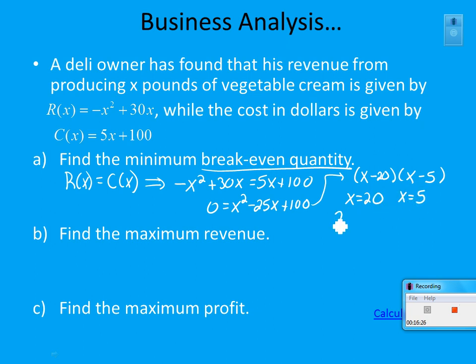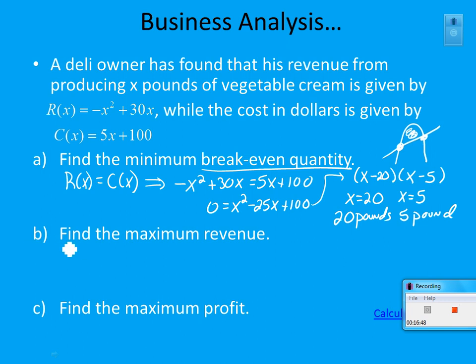So when I sell 20 pounds, I broke even. And when I sell 5 pounds of this vegetable cream, I break even. And here's how come. This is a parabola opening downwards. So I'm going to break even there and there, but up in here is going to be my main profit. But that takes care of part A. My break-even points are at 5 and 20.